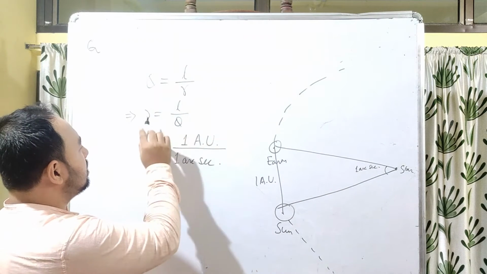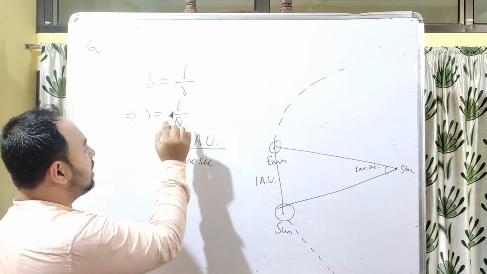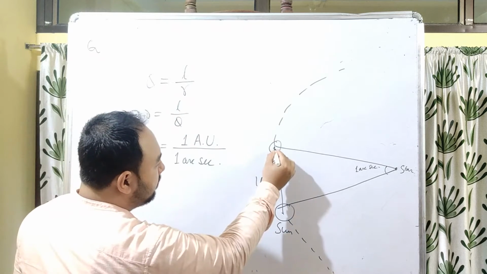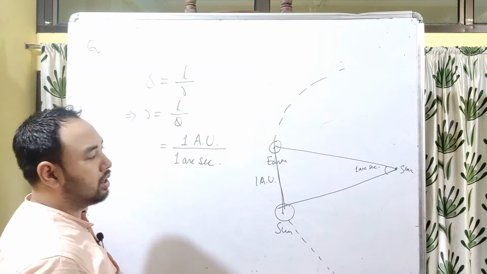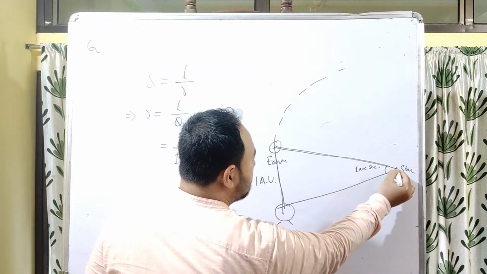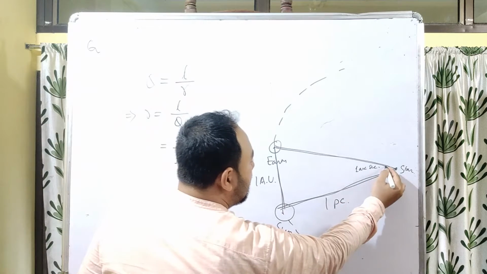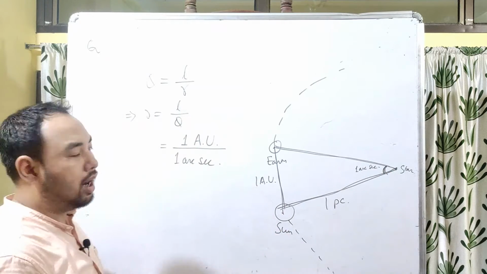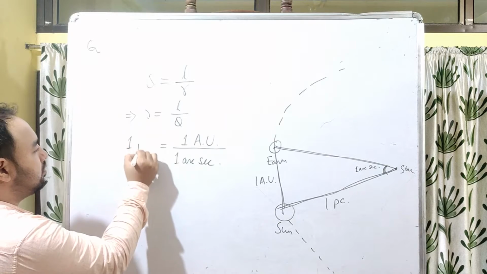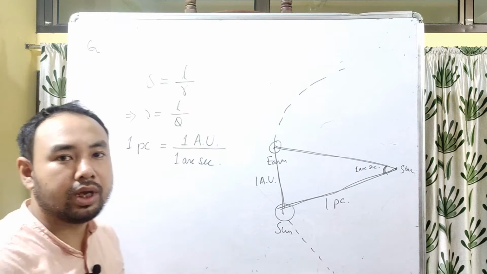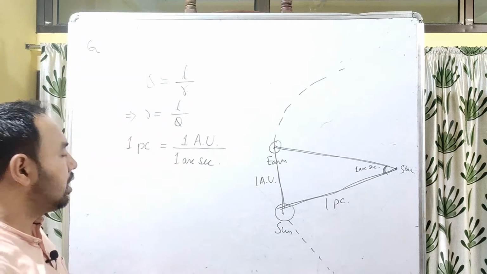So here radius is equal to L by theta. If this arc is 1 astronomical unit, this radius is 1 parsec and theta is equal to 1 arc second. So 1 parsec will be equal to 1 astronomical unit divided by 1 arc second.